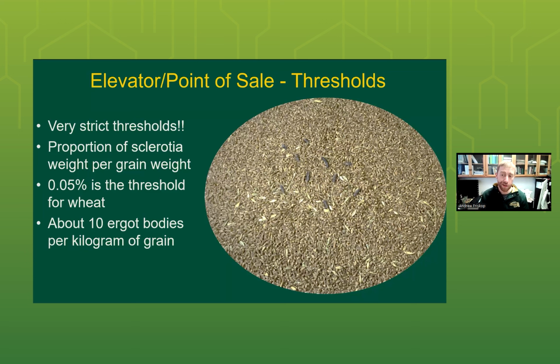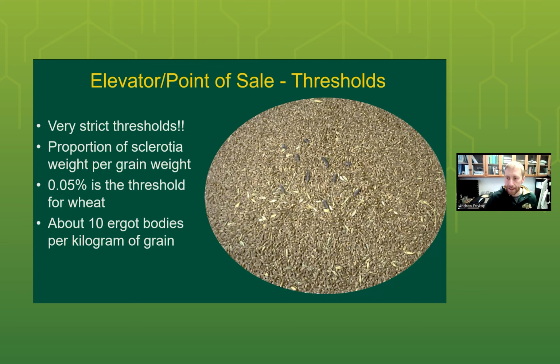The reason why I'm showing this photo is that, when it comes to an agronomic implication, we have very strict thresholds on the amount of ergot that we can have in our sampled lot. How they do this is a proportion of weight of sclerotia to the total grain weight. And our threshold for wheat, as an example, is 0.05%. To translate that, that's more or less 10 ergot bodies in a kilogram of grain, or 2.2 pounds of seed.